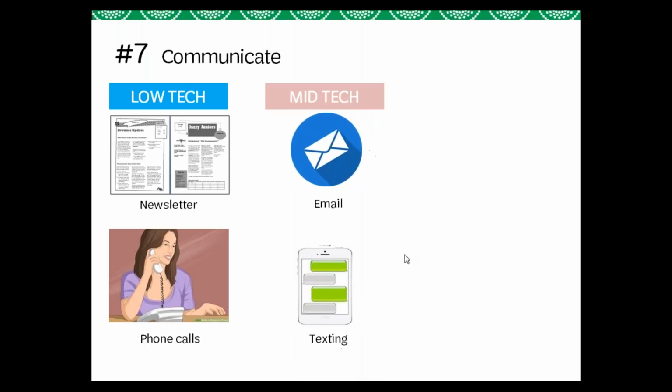Then we have mid-tech communication methods. Email. Although certainly not all parents have access to email, email is the most common use for the internet by adults today. This may be a great way to send announcements and reminders to parents. So like I said, maybe you do a newsletter every month or whatever the case is, but in between that time, you send announcements and reminders via email.